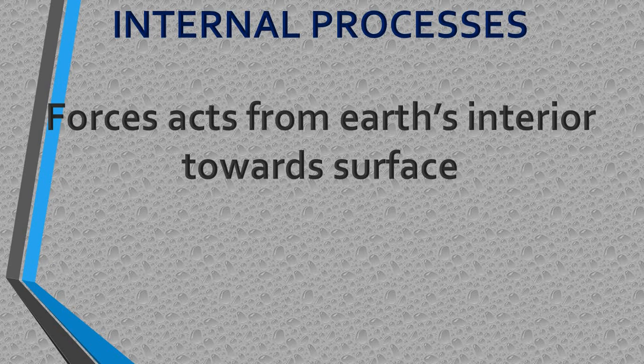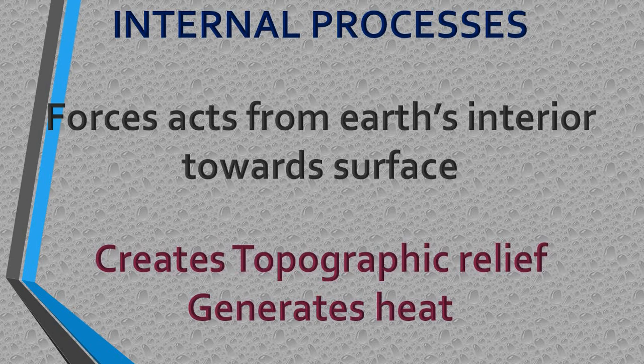This is otherwise called the endogenetic process. Well, what does it do? It creates topographic relief. The meaning of topographic relief is that the shape of the surface of the earth gets disturbed, and the distribution of landforms is also created.